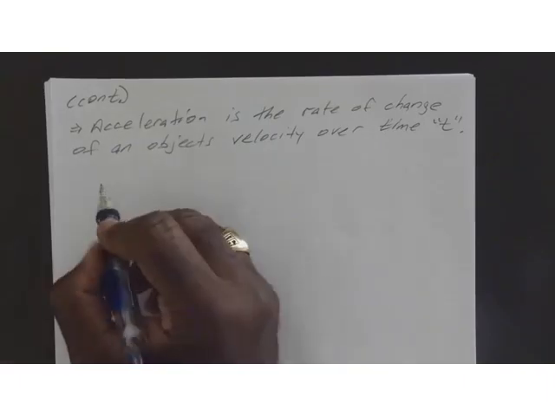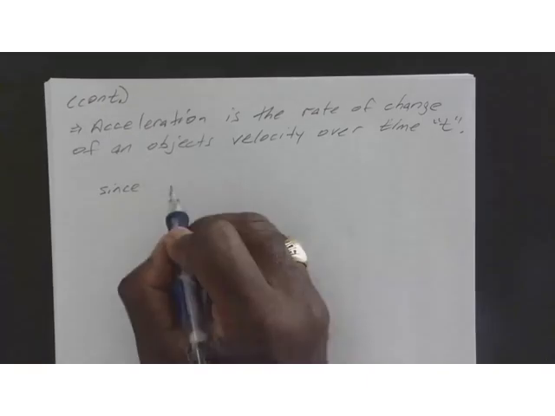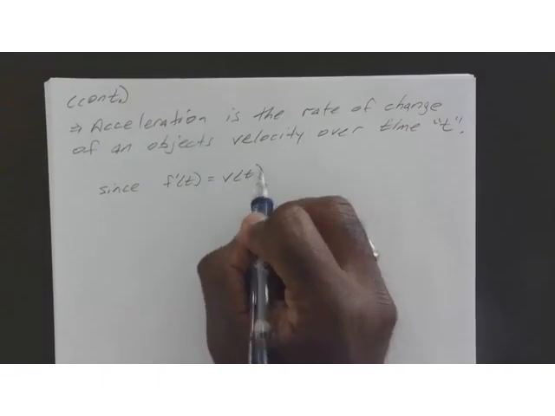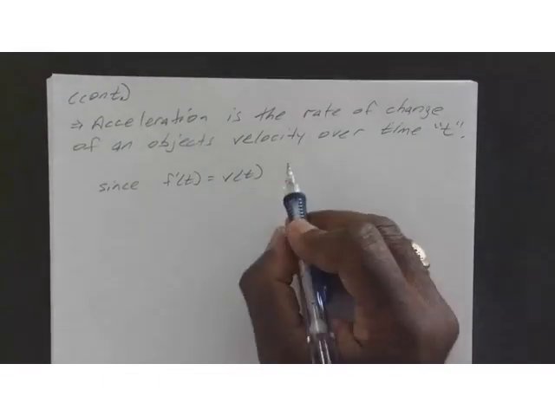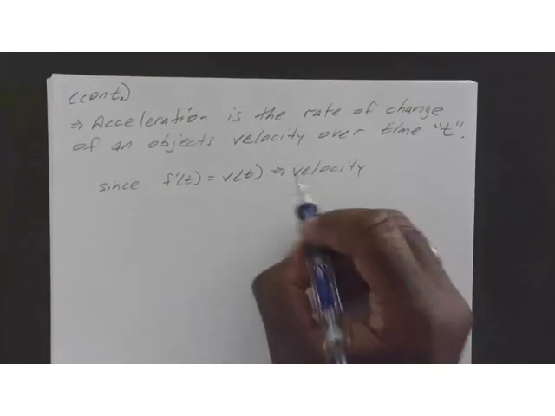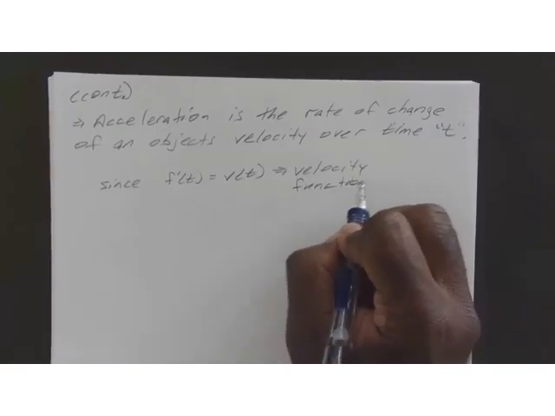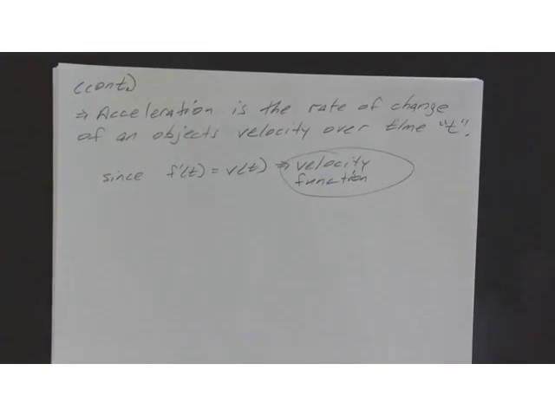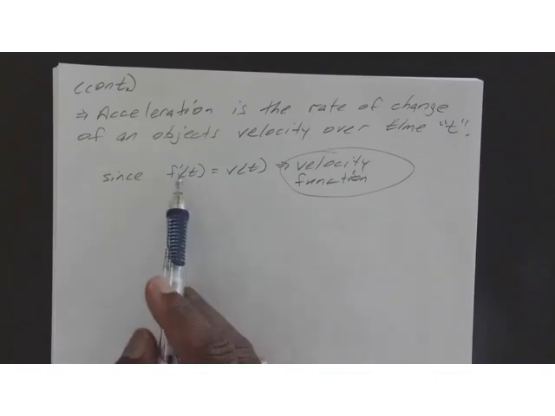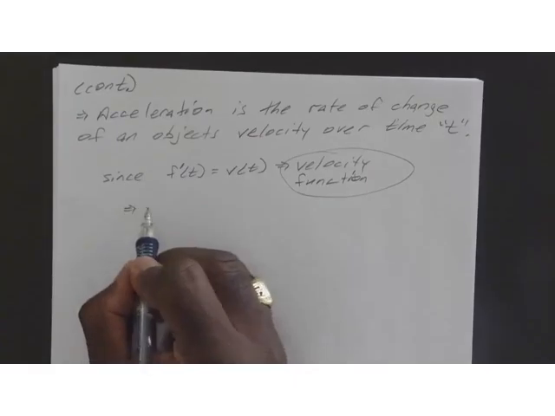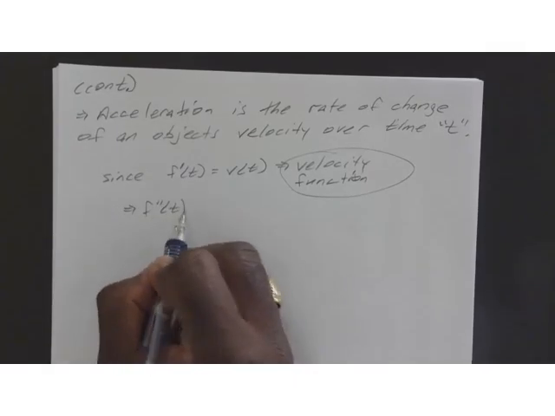Okay. Now, since we already know that the first derivative, which we sometimes denote as v of t, that's our velocity function. So that means the rate of change of your velocity is measured in the derivative of your first derivative. That's the second derivative of t.